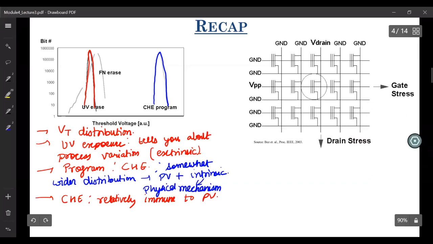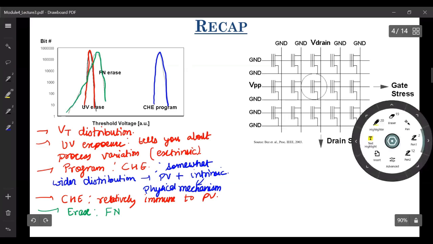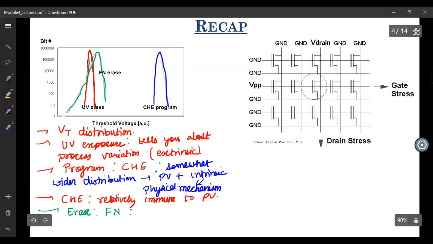And then what we did was, we applied an erase pulse using the FN mechanism, and then we looked at the threshold voltage distribution. What we observed was that there was a huge tail and the distribution was very wide. Then we started talking about two kinds of cells.